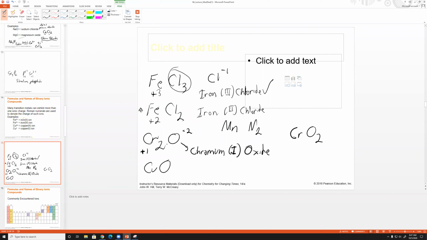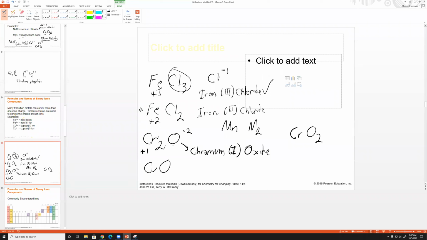But yeah, so each metal ion, the charge of each metal ion is denoted by the Roman numeral. So each chromium in this case has to be +1 because they have to cancel out when totaled with the negative charge. And the good thing with this, there's never going to be any transition nonmetals.